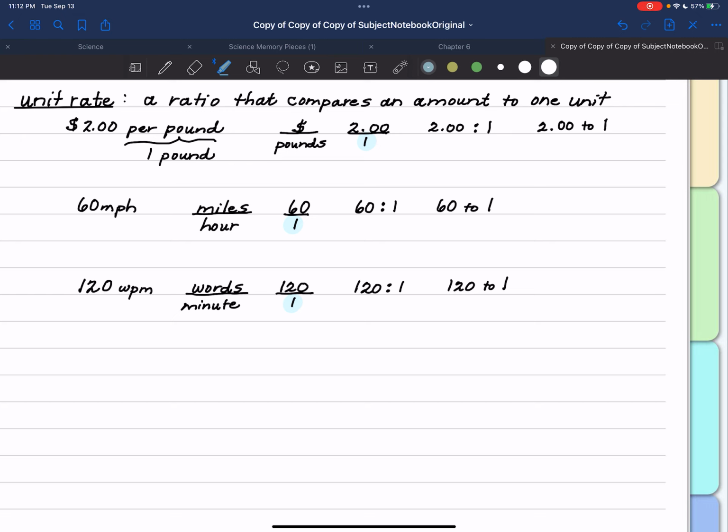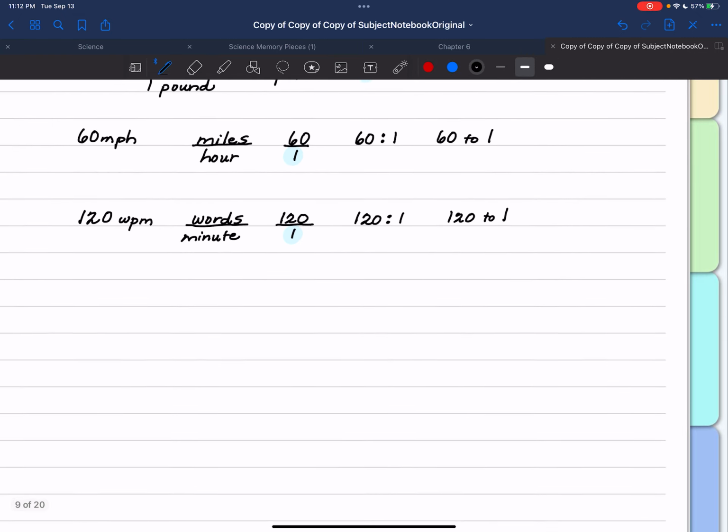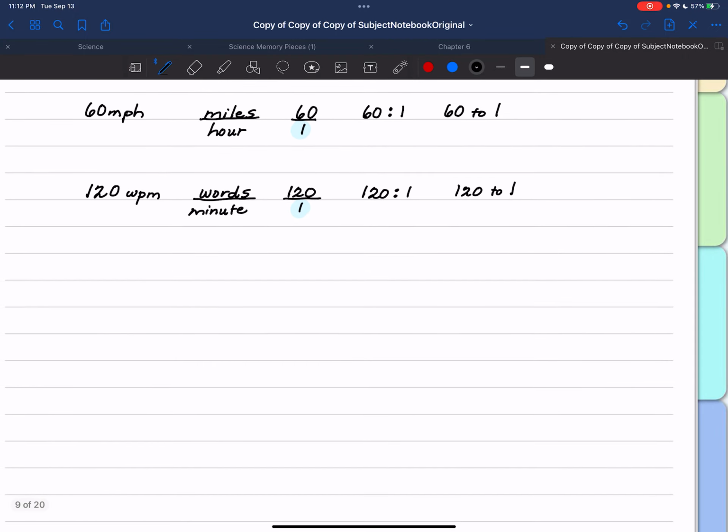So let me ask you this question. Is this a unit rate? Could I say 12 gallons run from a water hose every minute?